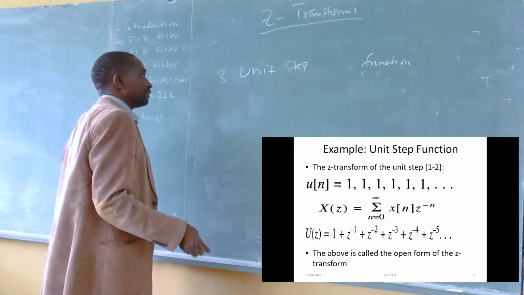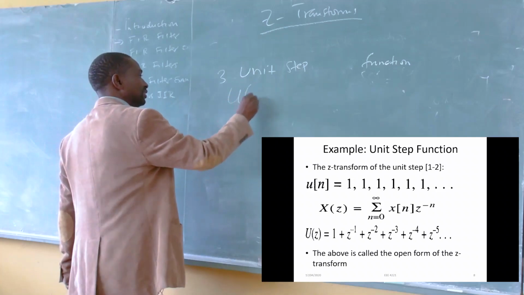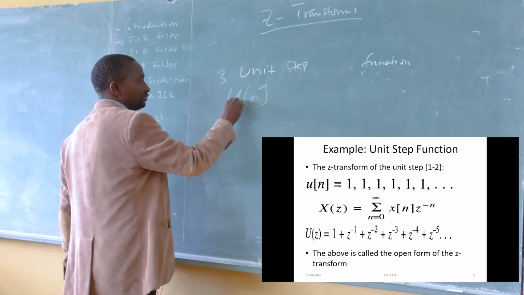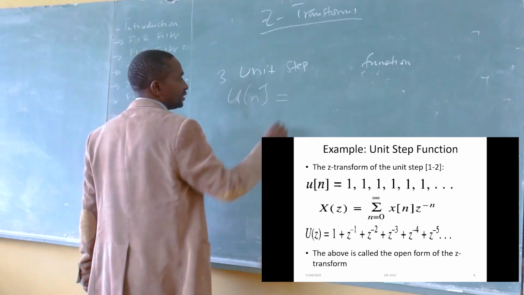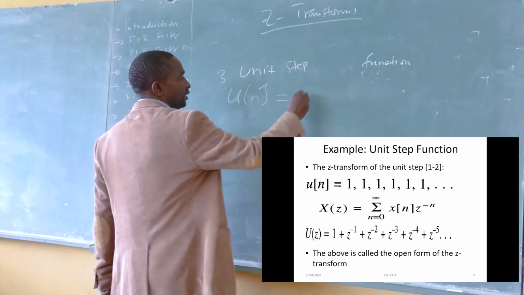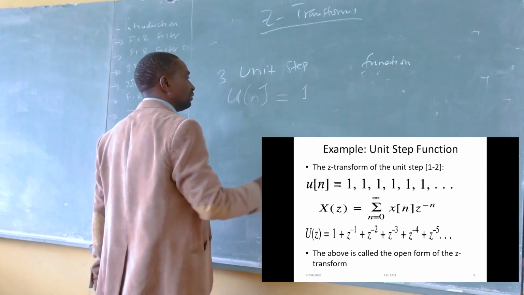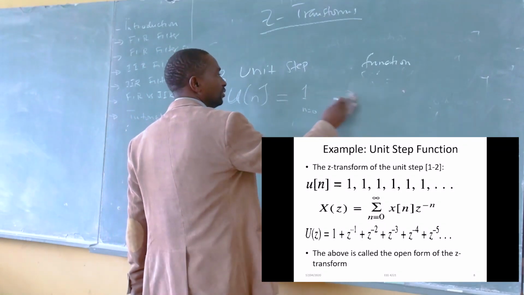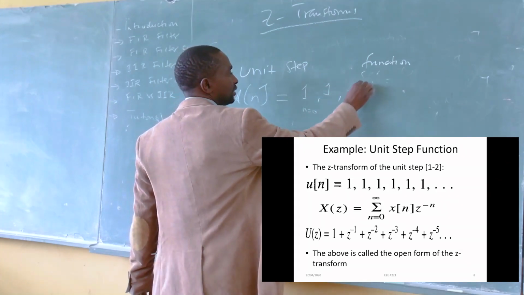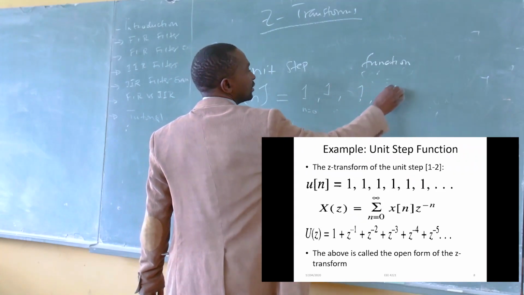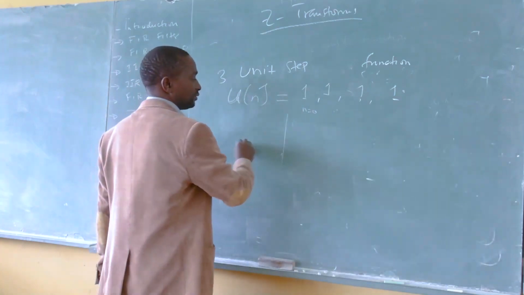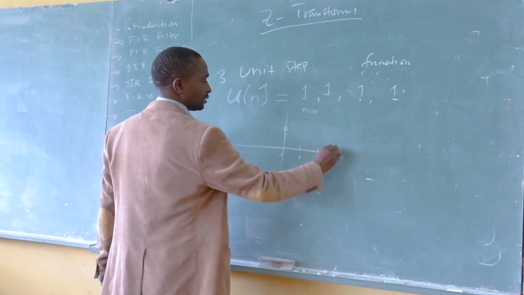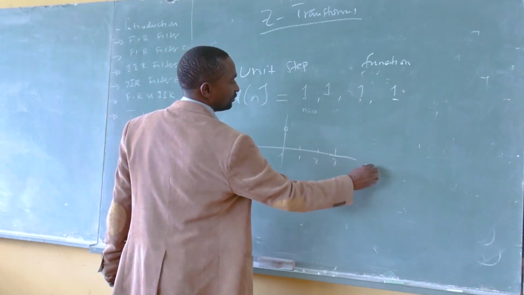The unit step function is always written in terms of u of n, small letter u of n, and this function will have the value of 1 from n equals 0 to infinity. So all these values here, the sequence will look like this. If you are to draw it, it will be a function of this nature up to infinity here.